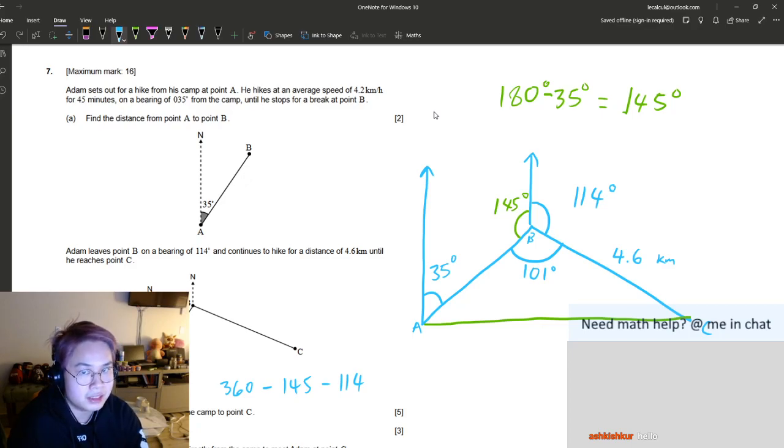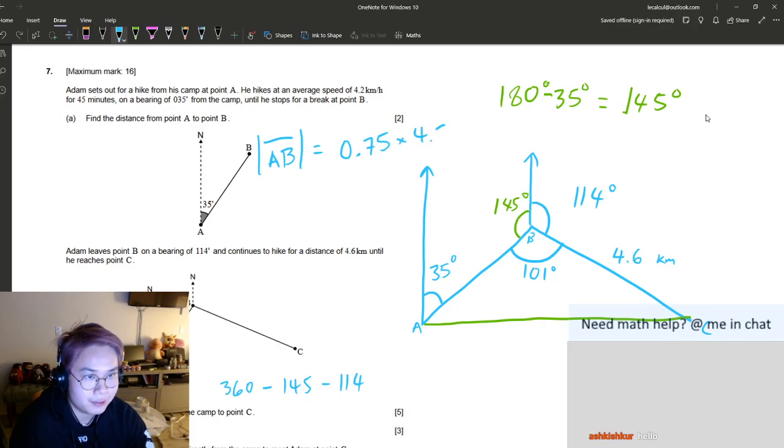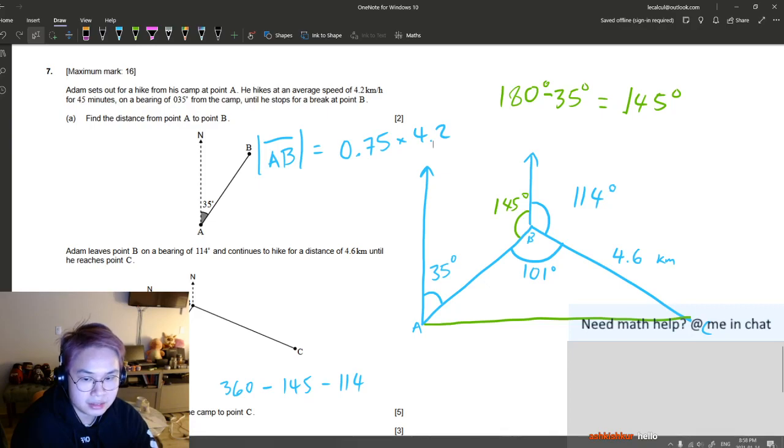The only issue, of course, is we do have our time in minutes, which is a quick conversion before we multiply them together. So from A to B, 45 minutes is 3/4 of an hour, so 0.75. We multiply this by 4.2, and that will be our distance.